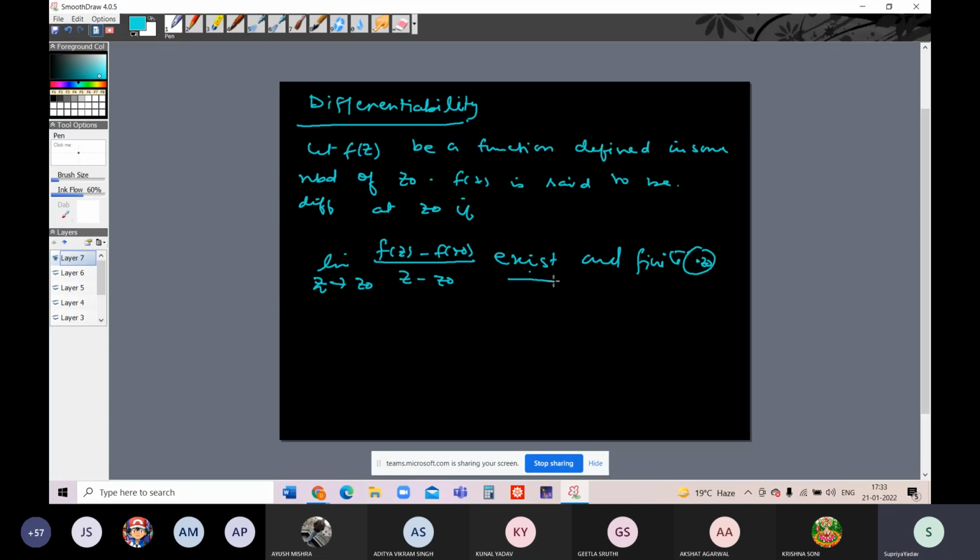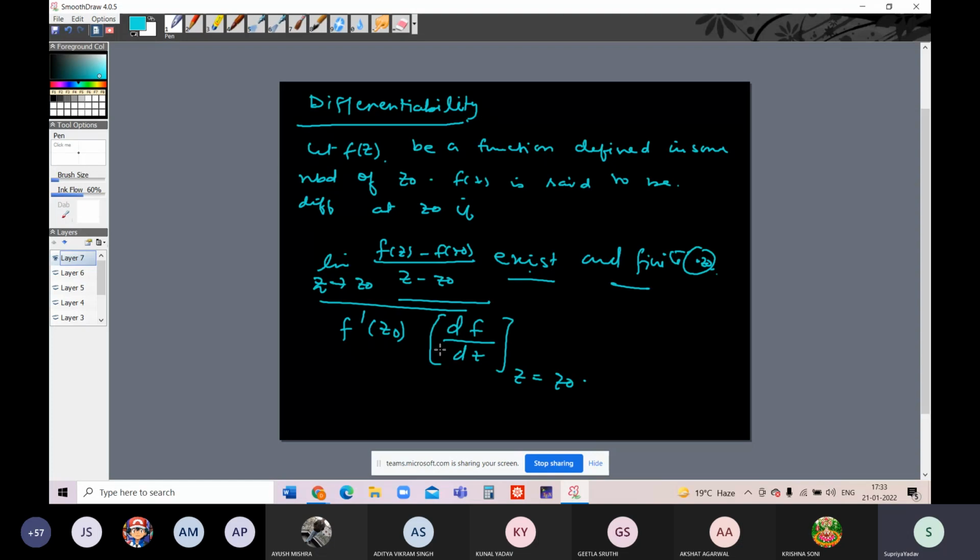If this limit exists and is finite, then we say that the function is differentiable at this point z0, and it is denoted by f dash z0 or df upon dz at z equal to z0. So अगर फंक्शन हमारा डिफरेंशिएबल है, so this limit must exist.